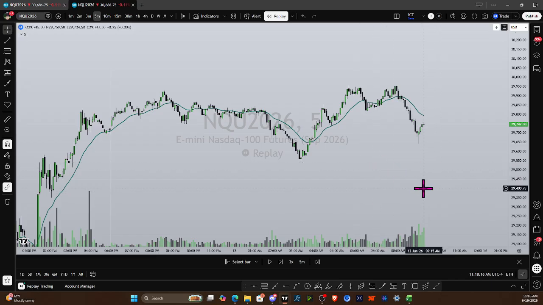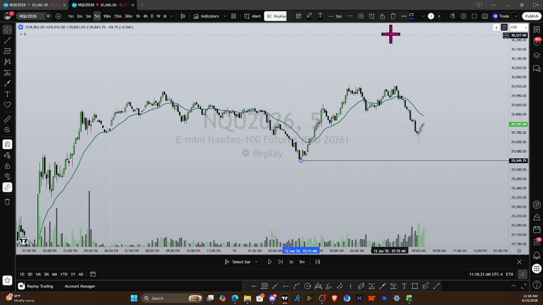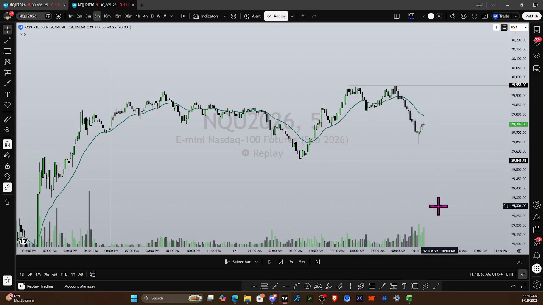And so first thing I'm going to do is mark up overnight lows and overnight highs. So the reason for that, and you guys will hear me say, we have options traders, we have futures traders in our room, but for me, whether you're trading options or futures, I'm always going to be watching a futures chart, because you can set your stop.